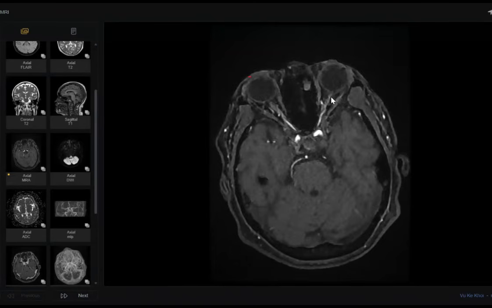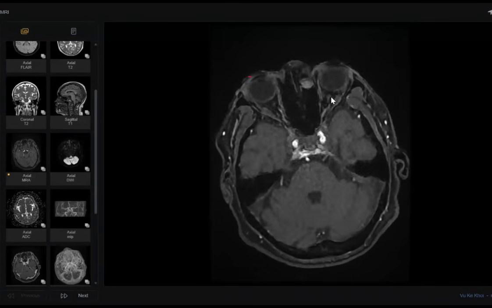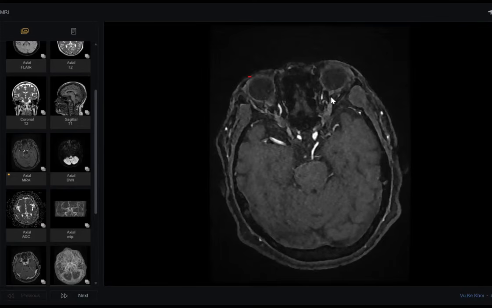Okay. Yes, sir. What are the causes of carotid-cavernous fistula? So these could be post-traumatic, and it could be as a result of a mass lesion. What else?